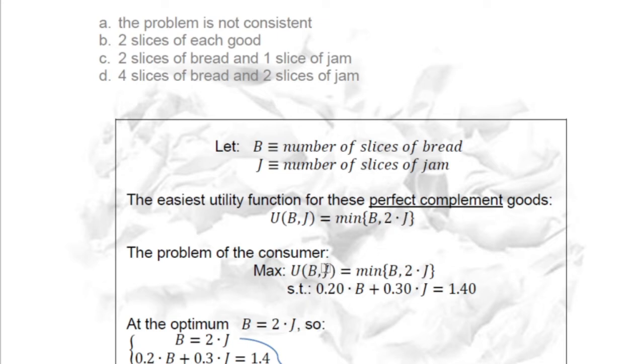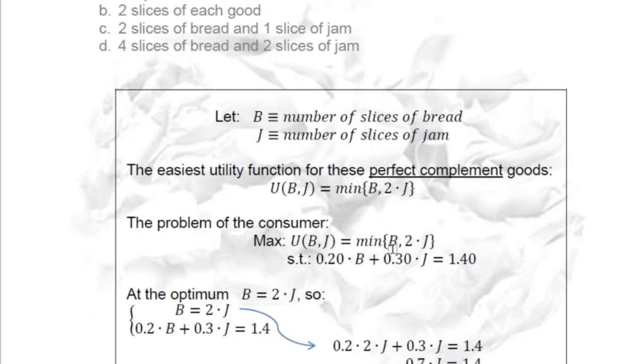The problem of the consumer is this one. This is a budget constraint, with the unit prices of each good and the income. When we want to solve a perfect complement exercise, we just find the optimum at the kinks of those L-shaped indifference curves, as we know.